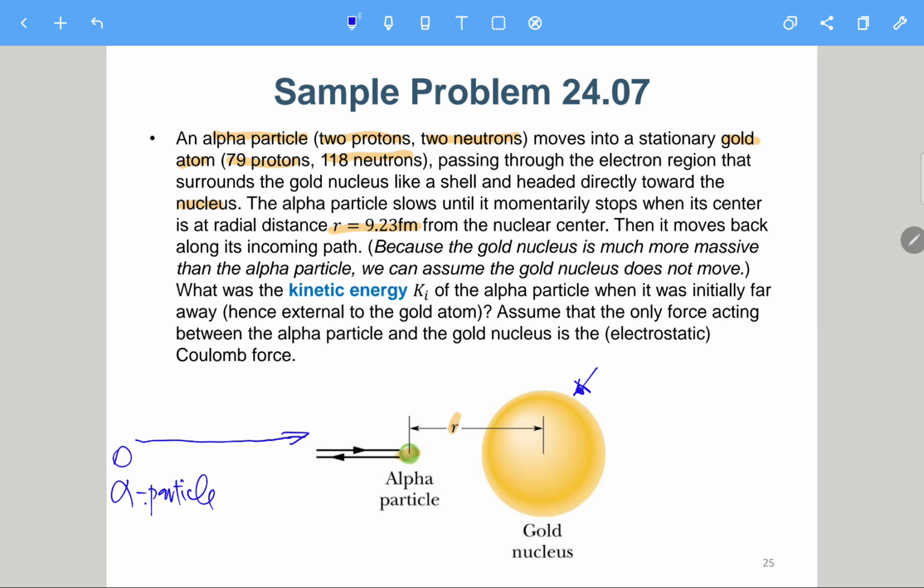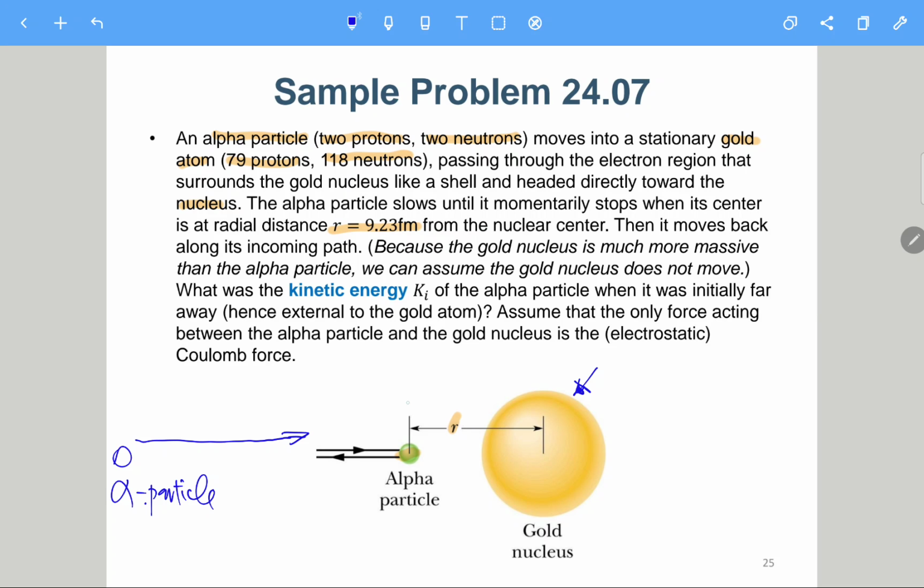So if you can imagine you have 2 balls. One ball is stationary here, and then you have another ball hitting it. So these 2 balls will collide with each other, and then maybe they will separate again, depending on what type of collision.